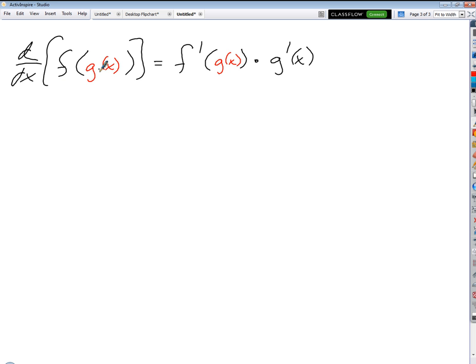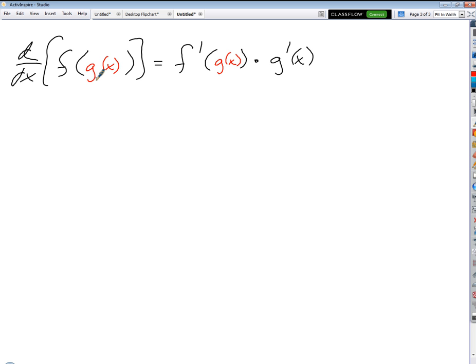G of x is minute hand with respect to hour hand, right? So if we want to know the derivative of f of g of x, how fast the second hand is changing with respect to the hour hand, then we just multiply the rate of change of the first pair times the rate of change of the second pair. You kind of see the analogy there?